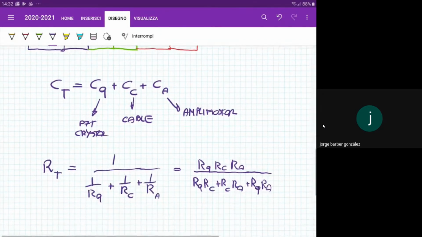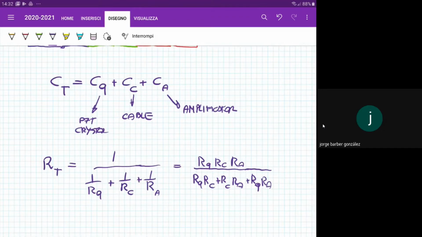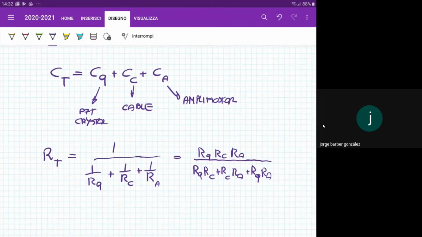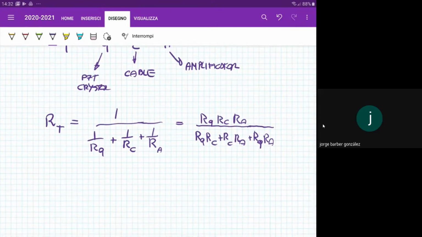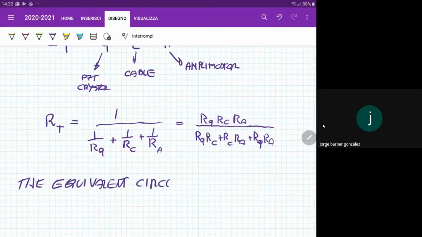However, with this assumption of the circuit and having the value of the total capacity and resistance, the equivalent circuit is this one.